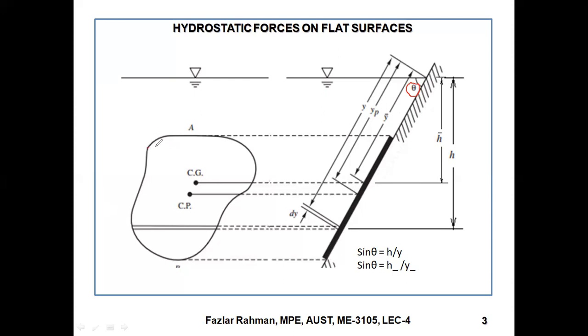We can divide this into small segments of area, and we take the small segment dA, right? This dA is at depth h from the top surface. And along the inclined direction, the distance is y and this thickness is dy.